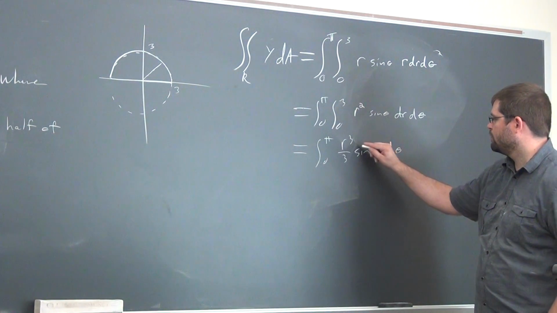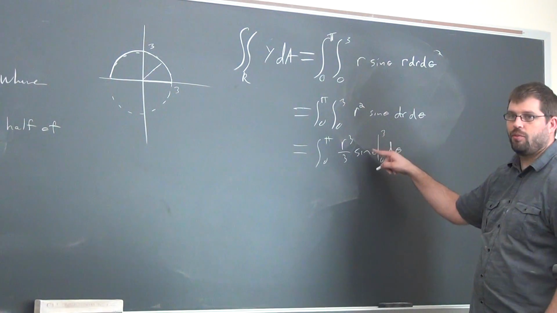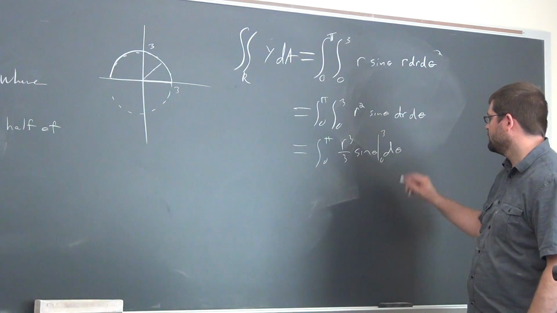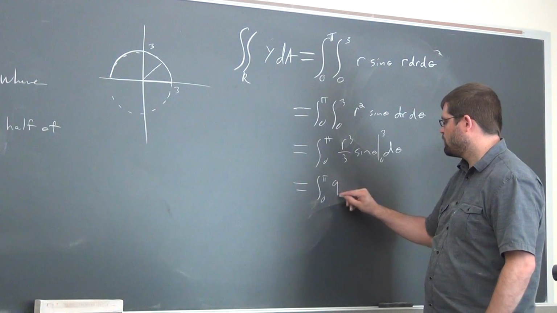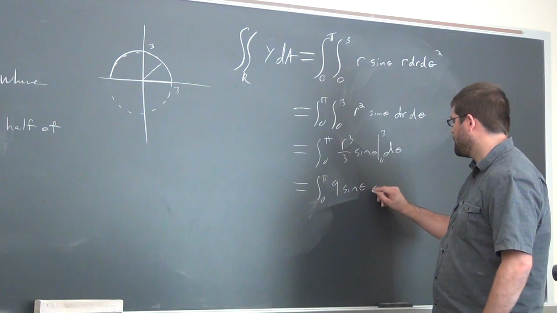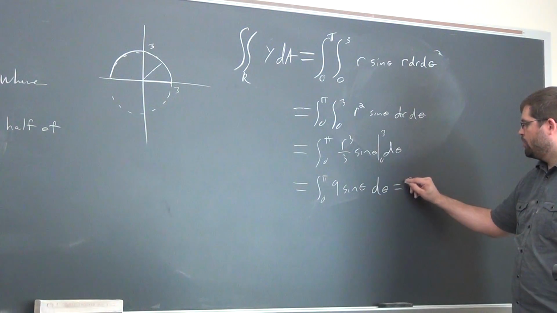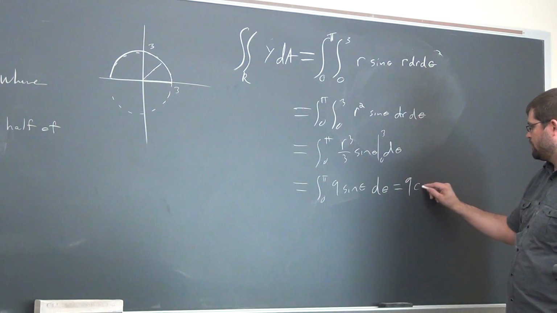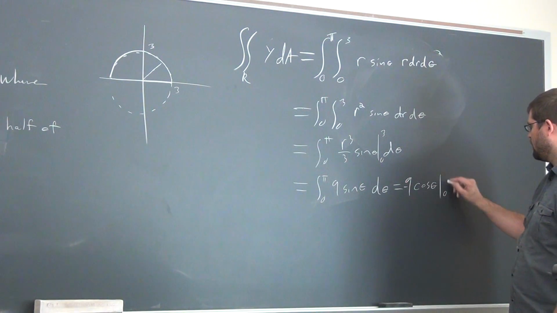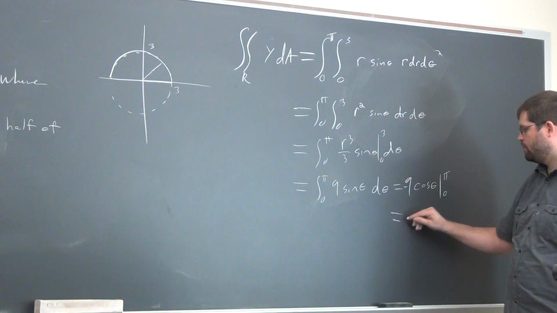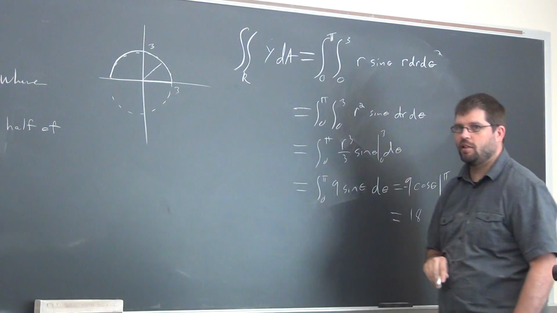Plug in your 0 and your 3, and so you get 9 sine of theta, which will be negative 9 cosine theta, 0 to pi, and that should give you 18.